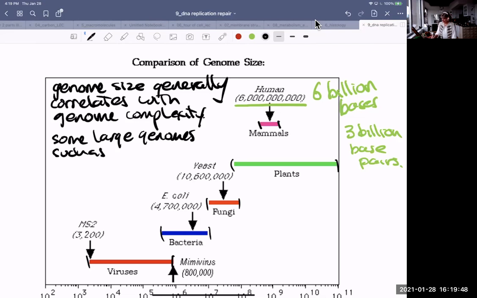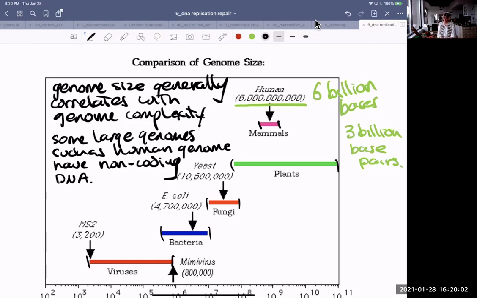such as the human genome, have non-coding DNA. I think something like 98% of the human genome is non-coding, approximately.